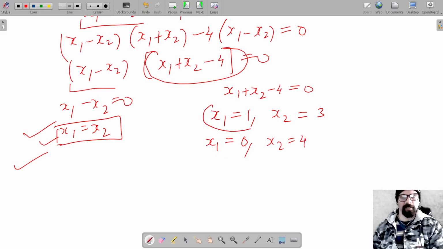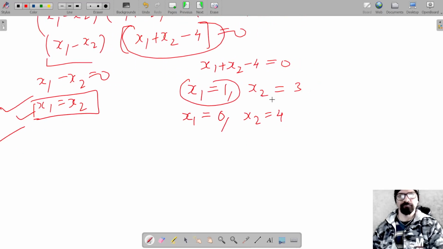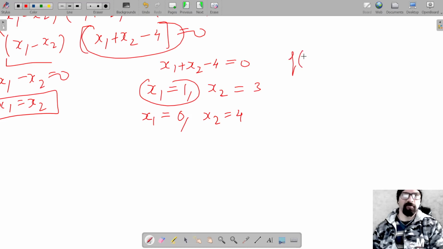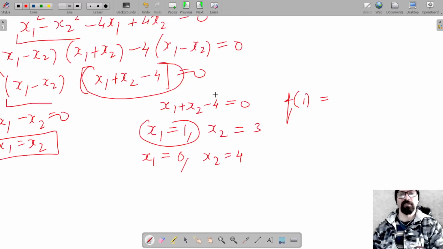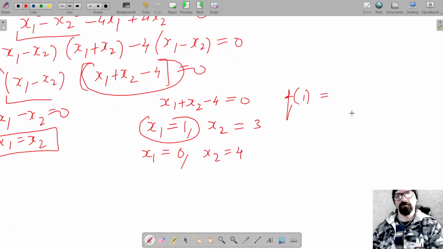Let's check the value of f of x1 in this case. If I find the value of f of 1, the function is 1 square minus 4 into 1 plus 5, which gives 1 minus 4 plus 5, minus 3 plus 5 is 2.